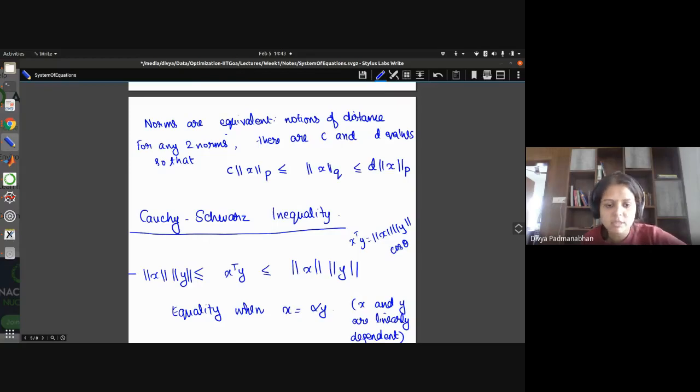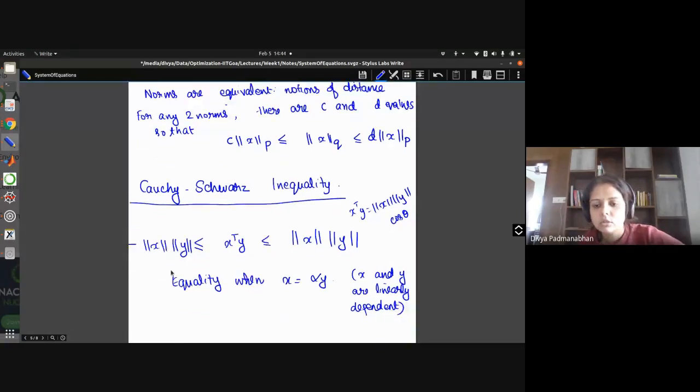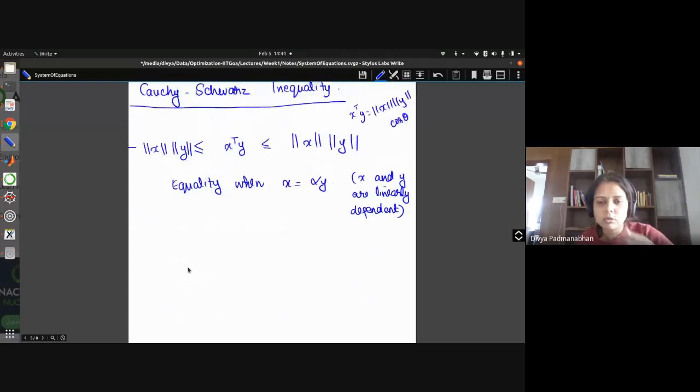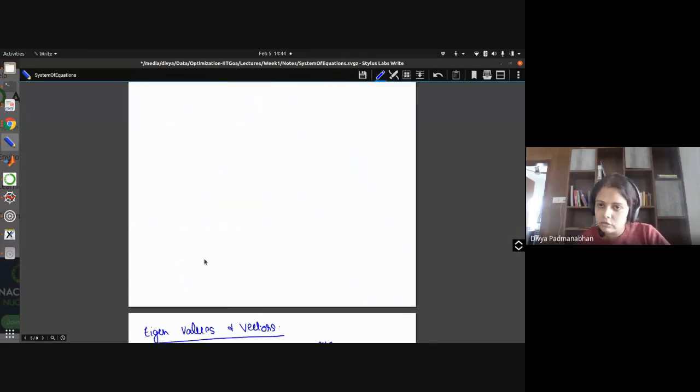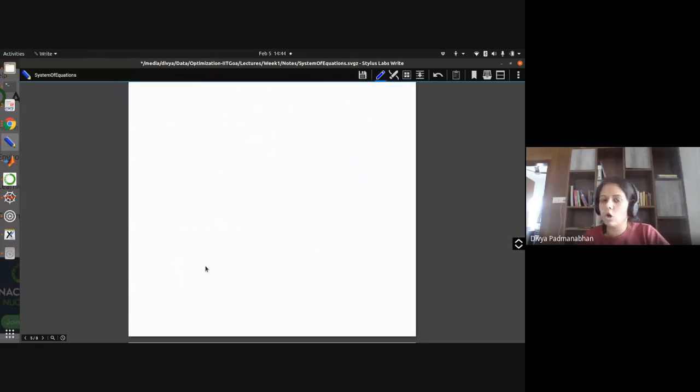Okay, so this sums up norms and the system of equations. Now, a couple of quick things I wanted to discuss about eigenvalues and eigenvectors. I think these are things you all know, so we'll just do a quick recap.